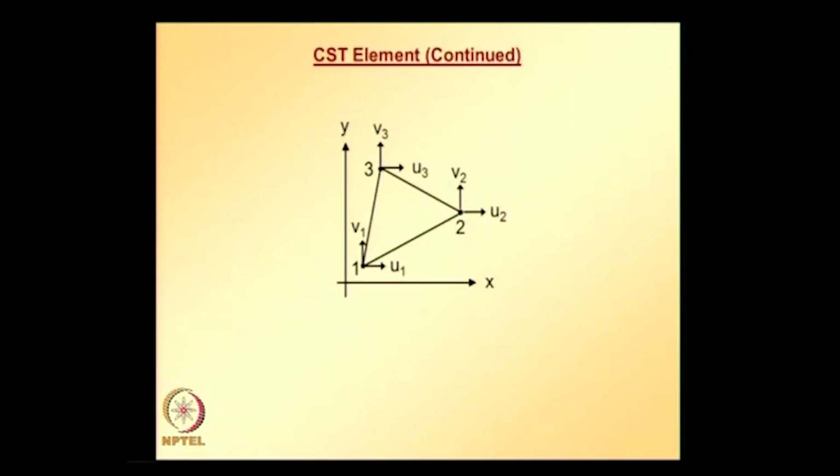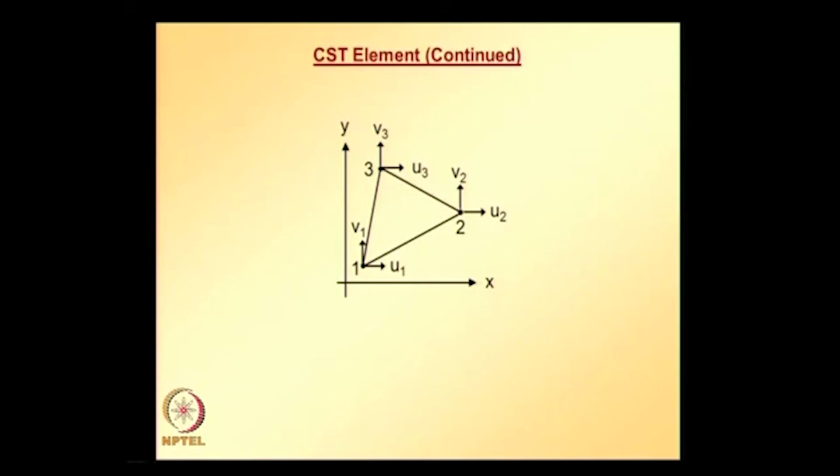So, this is a typical 3 node element, and as you can see from the figure, there are 2 unknown displacements at each node, and they are called nodal degrees of freedom, and we can use a linear trial solution for u displacements, because we have 3 nodes.